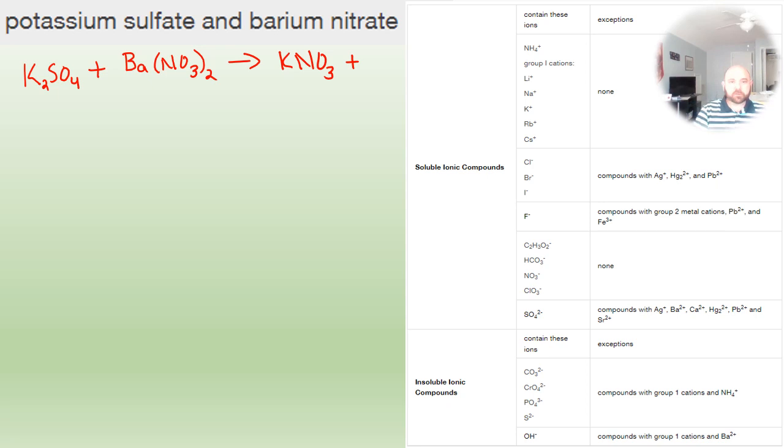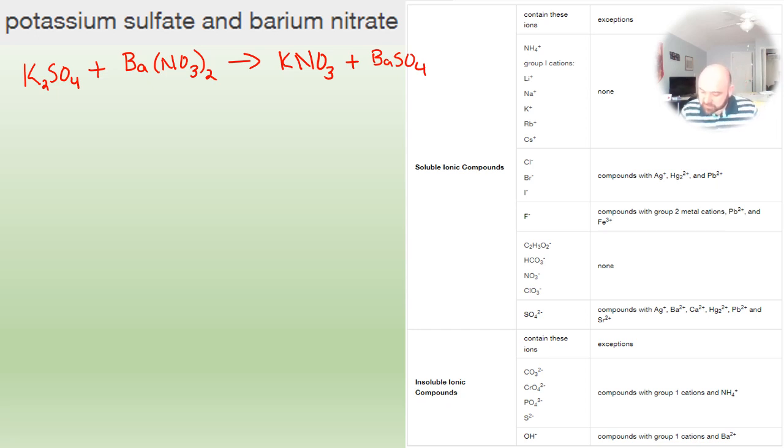Barium and sulfate are a 2+ and a 2- ion, so their formula will be BaSO4. All right, now that we have the correct formulas for the possible double replacement reaction written out, we'll go through and check the solubility of each species and see if it lines up with the correct double replacement or precipitation paradigm.